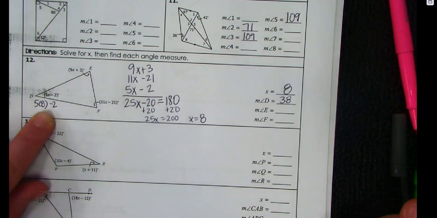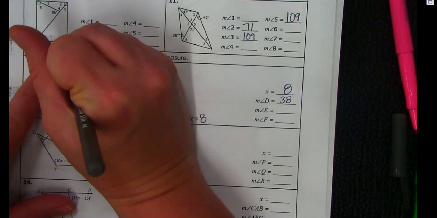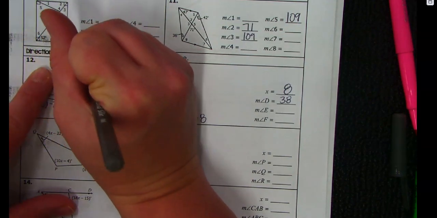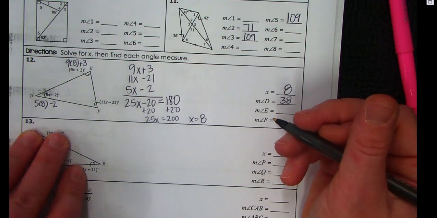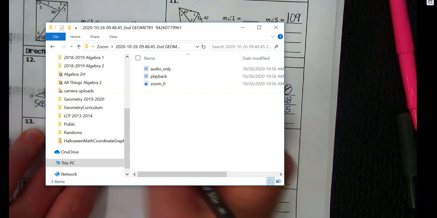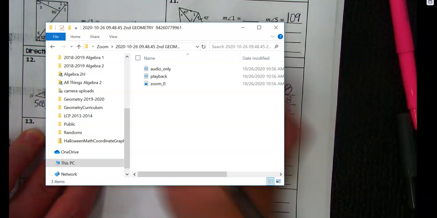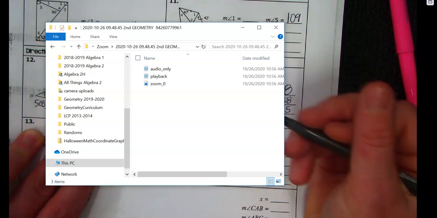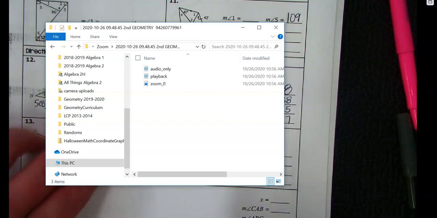Okay, so that's 38. Over here, we've got 9 times 8, which is 72, plus 3. That's going to be 75. And then down here, we have 11 times 8 minus 21, which is 88 minus 21, which is 60.